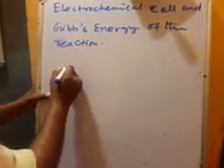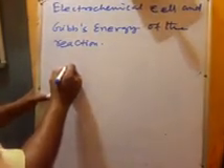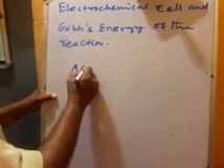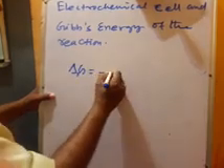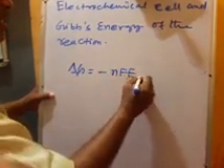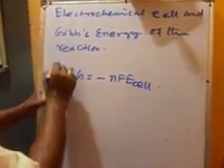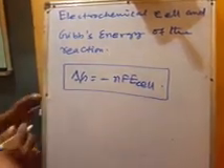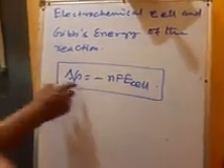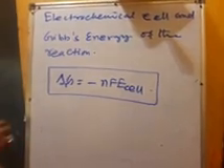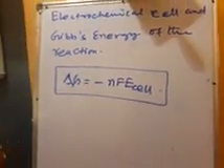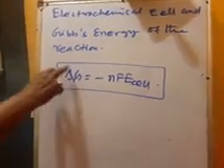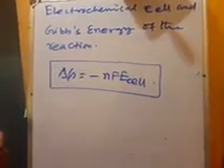So the standard Gibbs energy change of a reaction, delta G naught, is equal to minus nF E naught cell, or the Gibbs energy for the reaction is equal to minus nF E cell, from which we can calculate delta G, that is the Gibbs energy change.